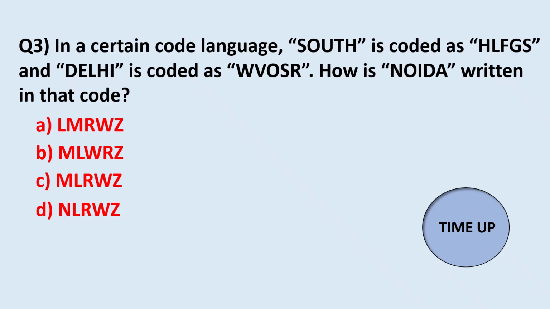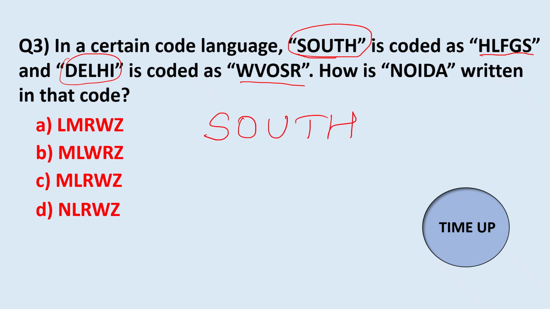So if you decode how South has been coded to HLFGS, you need not solve again how Delhi is coded as this, because the logic will be the same. Okay, so if I take South, and it has been coded to HLFGS, correct?